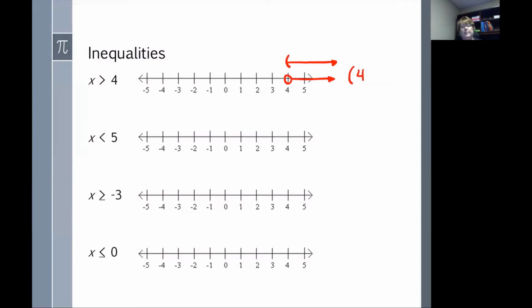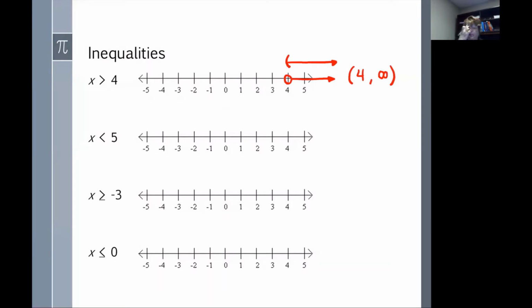The parenthesis next to the 4 simply indicates that 4 is not included. We don't have equality. Then we put a comma, and then we use the infinity symbol. And we close it with a parenthesis. So when you see this kind of notation, this means the interval of numbers between 4 and infinity. Infinity is not a number, it's a concept. So this simply means that all the numbers to the right of 4 satisfy this inequality.